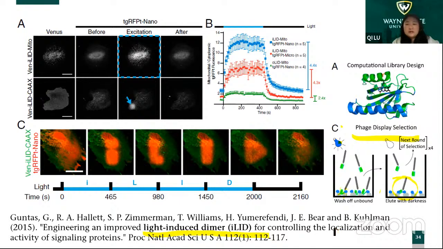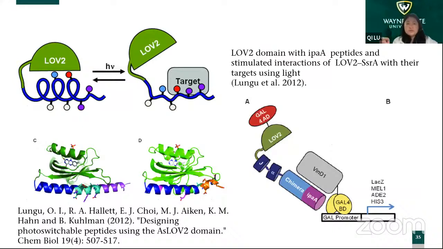This study is about localization and activation of signal proteins. After shining light, they start to target to specific subcellular organelles or structures, like the plasma membrane. So this is light-controlled cell localization of specific proteins.